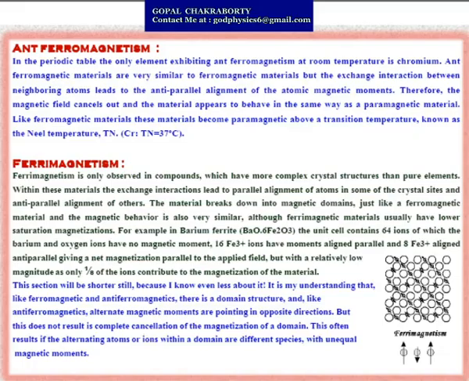The antiferromagnetic materials are very similar to ferromagnetic materials, but the exchange interaction between the neighboring atoms leads to an anti-parallel alignment of the atomic magnetic moments. Therefore, like ferromagnetic materials, these materials become paramagnetic above a transition point known as the Néel temperature.